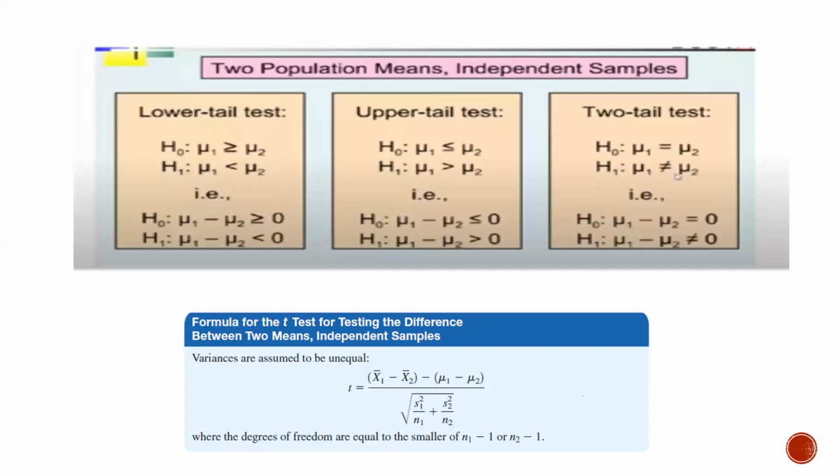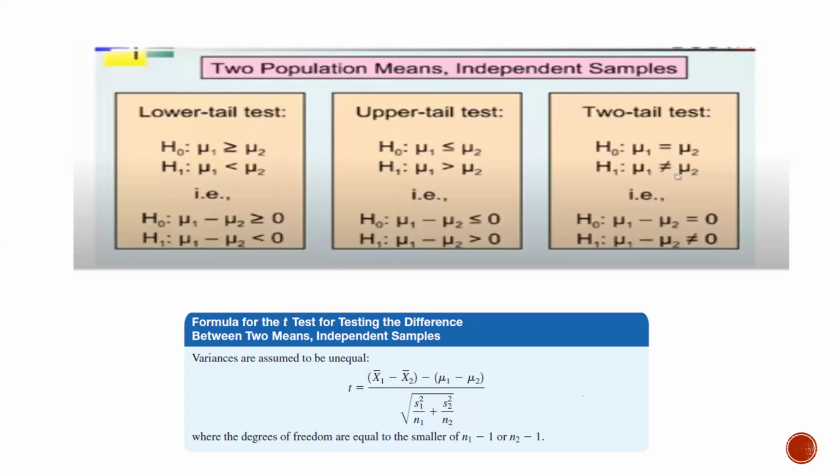So again, this is for two population means. The hypothesis testing will be again in a two-tail test. We will say that there is no difference. In an upper tail test, the null hypothesis will state that mu1 is less than or equal to mu2, and the alternative that mu1 is greater than mu2, and in a lower tail test, mu1 is less than mu2.